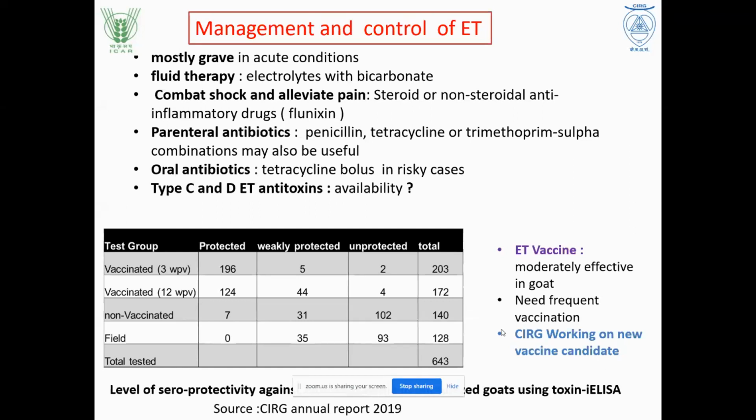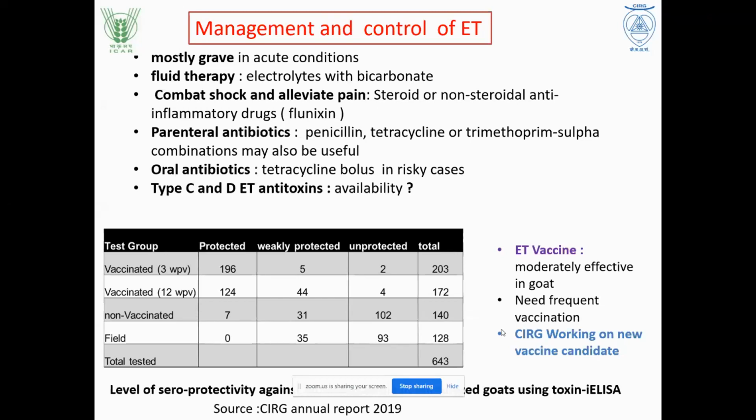So we have the ET vaccine to control enterotoxemia. Comparatively, the ET vaccine is not very effective in goats, and it needs very frequent repetition in goats especially. We also surveyed the antibody titer status after the present ET vaccination. We found that from 4 weeks to 12 weeks post-vaccination, there were weak responders. The antibody titer is weak, so it needs frequent repetition.